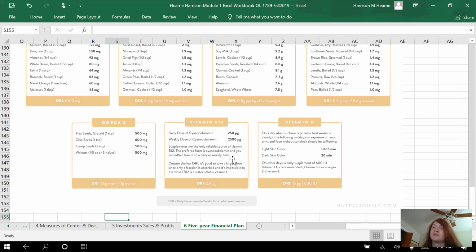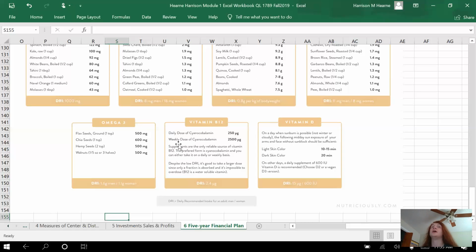The next thing to really watch out for is vitamin B12. Vitamin B12 is most commonly found in meat, more specifically in the things that animals eat, especially animals like cows.